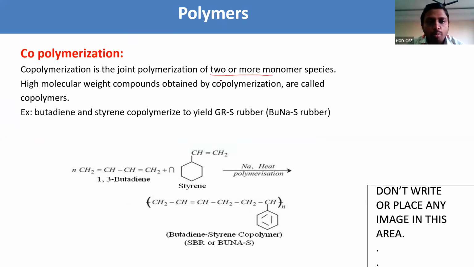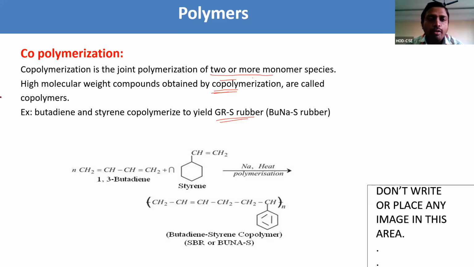High molecular weight compounds are obtained by copolymerization. We are taking the example of the preparation of Buna-S rubber. Copolymerization is the polymerization of two or more monomers.